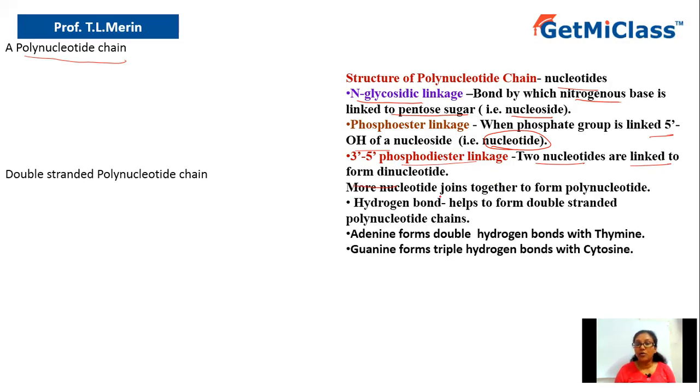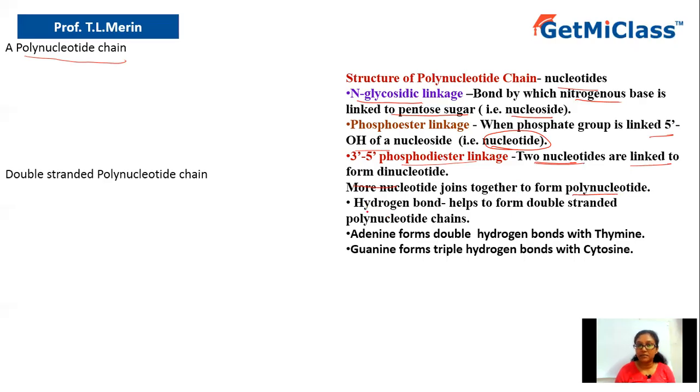Then more nucleotides join to form a polynucleotide. So if there are only two nucleotides, this is how they form, by using this type of linkage. And further, more nucleotides will be added to form an entire polynucleotide, the DNA or even RNA.